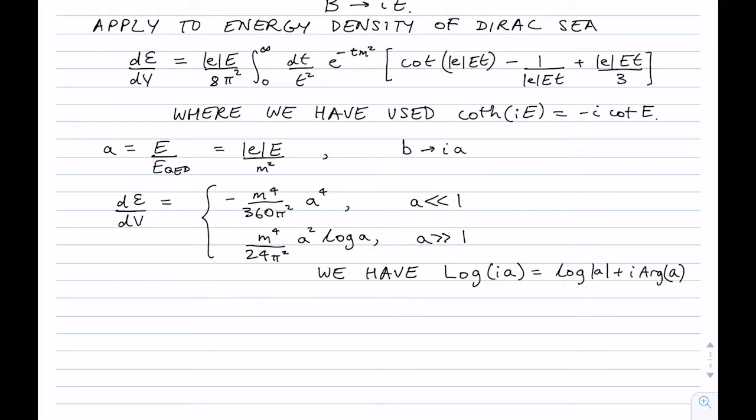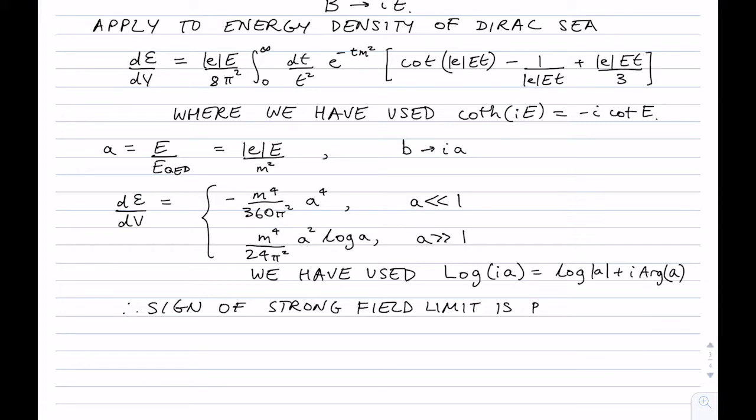And that's interesting because it means that the sign of the strong field limit is positive now. So the larger the field is, the larger the energy density is, and that has some manifestations as well.